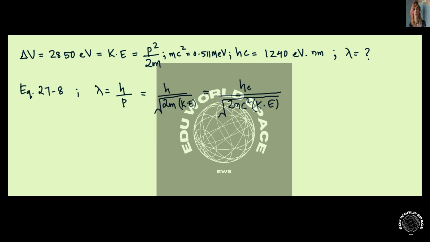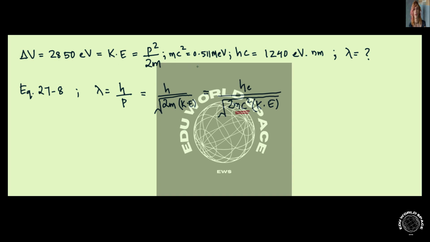And this value is basically what we have here. So now we have everything expressed in terms of electron volts and nanometers or meters. So let's do the calculation.